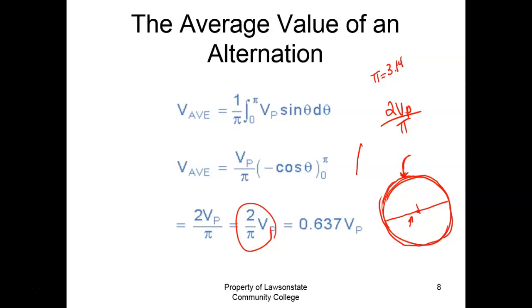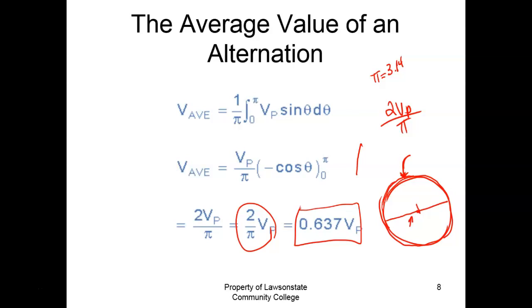So this is the way a lot of books teach. They say, okay, the average value of this is 0.637. I don't like using that because this guy right here is so much easier to remember. 2V peak over pi, I have that down. This 0.637 or 63.7% would be hard. You could use 0.637, but what's going to happen is you're going to vary it.